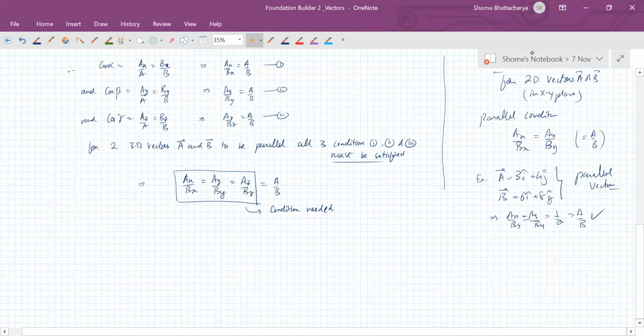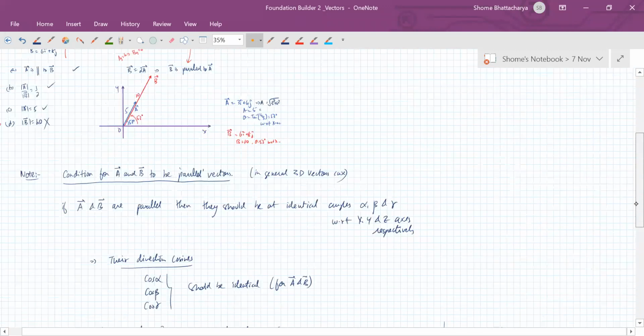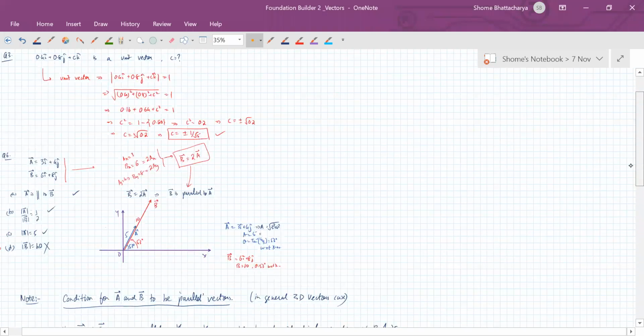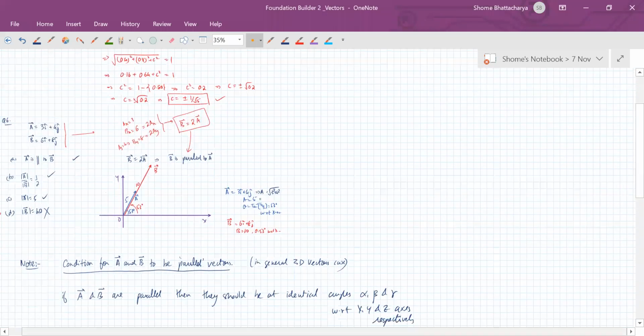Okay, so let us solve this with an example. Which part? The question that we solved earlier, that one? Yes, you want the solution to this question number 4? I mean question number 6.